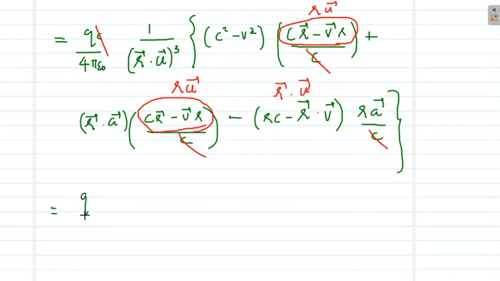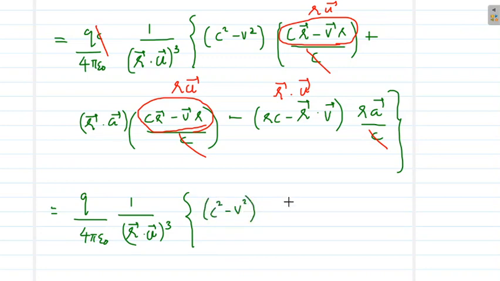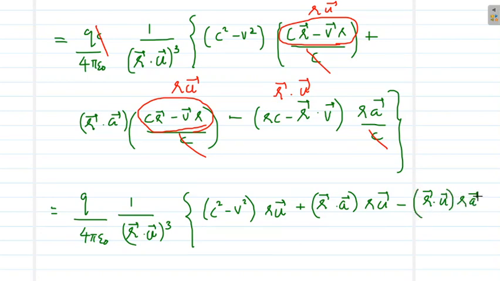So that is equal to Q by 4 pi epsilon 0 into 1 by (R bar dot U bar) the whole cube, into (c squared minus v squared) into R U bar plus (R bar dot A bar) into R U bar minus (R bar dot U bar) into R A bar.